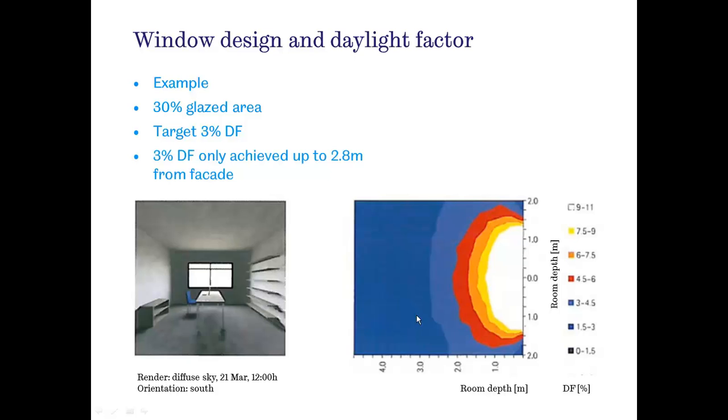So you will achieve that up to about this line, up to about 2.8 meters from the window, you will be achieving your 3%. As you move further away from that, you will drop below the 3% daylight factor.